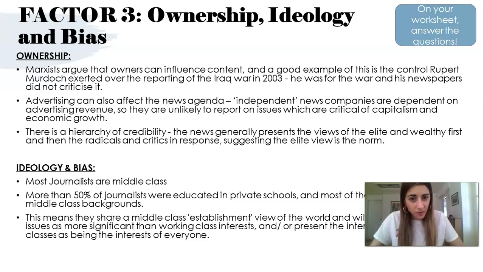During the Iraq War in 2003, his newspapers did not criticise the Iraq War in any way, shape or form, because Rupert Murdoch was very much for the Iraq War. So you can see how him being for it led to his newspapers not criticising it. That's an example of how ownership will impact content chosen.